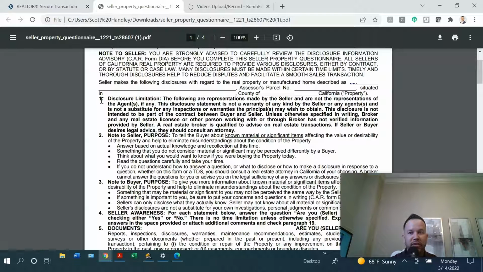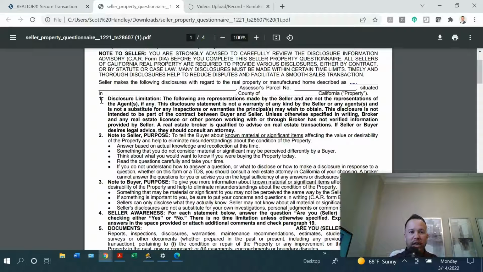Unless otherwise specified in writing, broker and any real estate licensee or other person working with or through broker has not verified information provided by seller. A real estate broker is not qualified to advise on real estate transactions. If seller or buyer desires legal advice, they should consult an attorney.